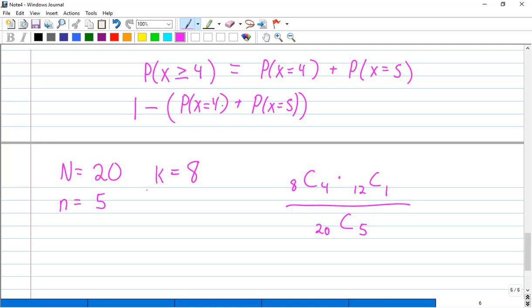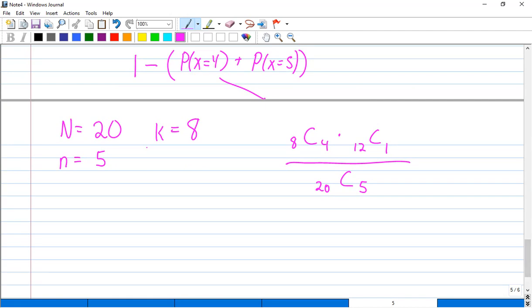All right, so this is for 4. Just to speed things up, I'm going to tell you what the values are instead of doing them out in the calculator. Okay, so 8C4 is going to be 70. 12C1, so it's times 12, over 20C5, which is 15,504.